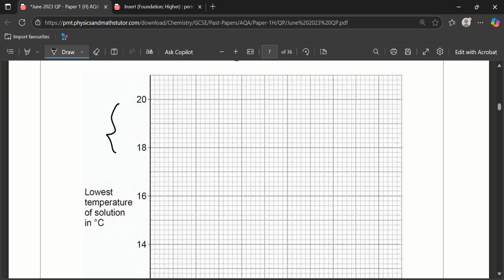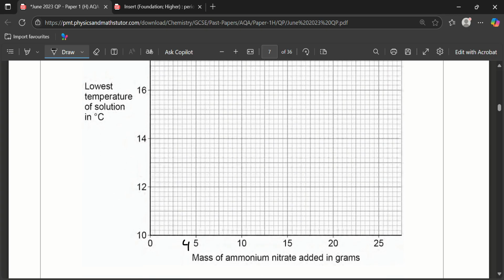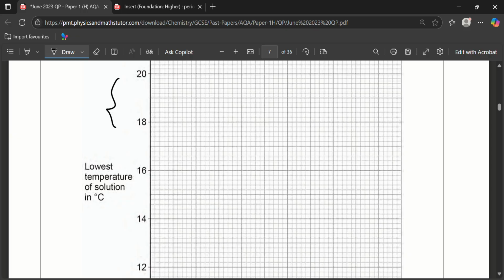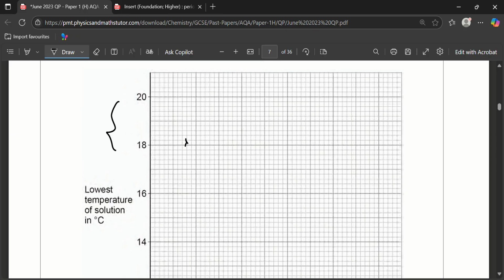There are 10 boxes between these two intervals, and then the value of the interval is 2. So 2 divided by 10, each little box is going to be 0.2. So for 18.2, it would be marked here.